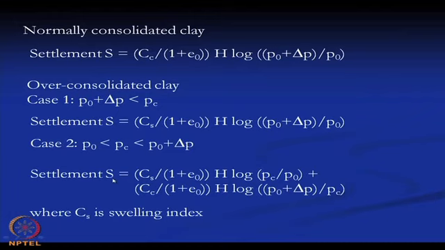In that condition, we can calculate the settlement as CS divided by 1 plus E0, times H, times log of PC divided by P0, plus CC divided by 1 plus E0, times H, times log of P0 plus del P divided by PC. So, in these conditions, how can we determine the consolidation settlement? One is normally consolidated soil, this is the expression. If it is over consolidated soil, for case 1, this is the expression. If it is case 2, this is the expression.